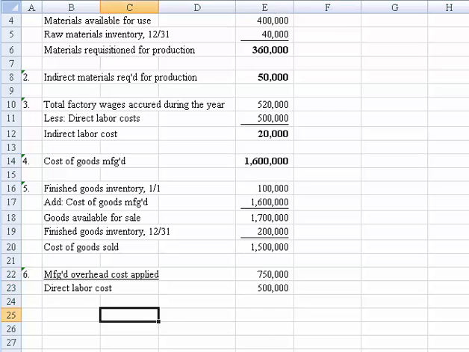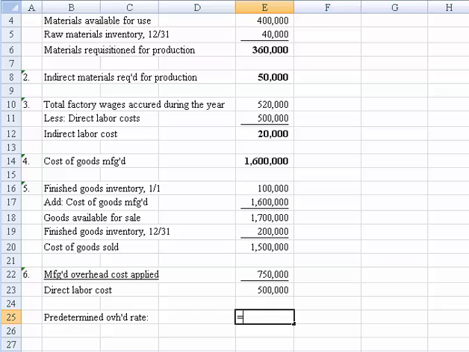And then if we do the division, we're able to come up with the predetermined overhead rate, and I'm going to abbreviate that. That would be equal to 750 divided by the 500,000, or a predetermined overhead rate of $1.50 per direct labor dollar.